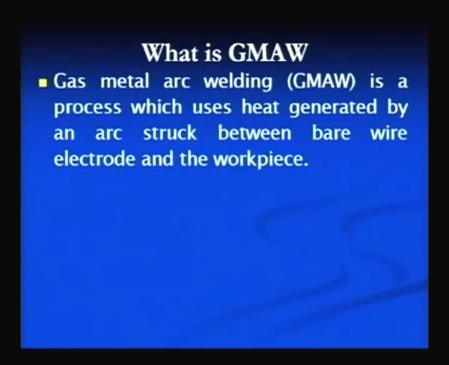Initially the tungsten inert gas welding process was developed somewhere in 1930, but the problem with the TIG or tungsten inert gas welding process is that it is a high energy density process, but it is useful only for thin sheet welding, and the speed of welding which can be obtained with the TIG welding process is also very low.